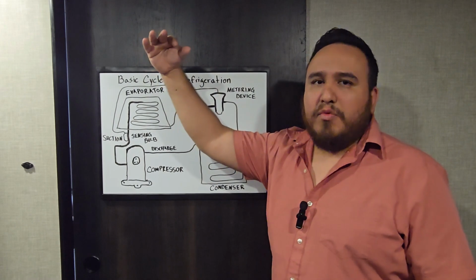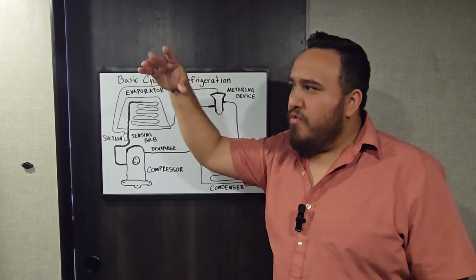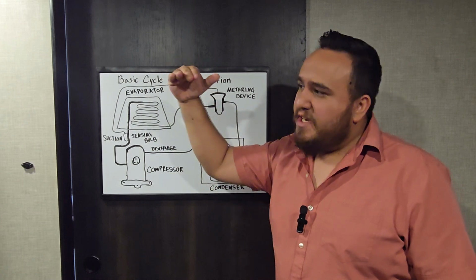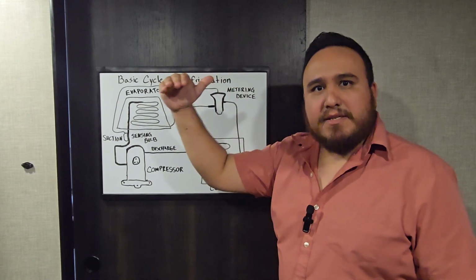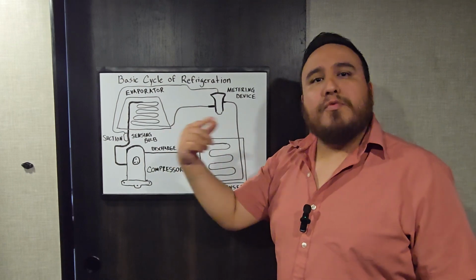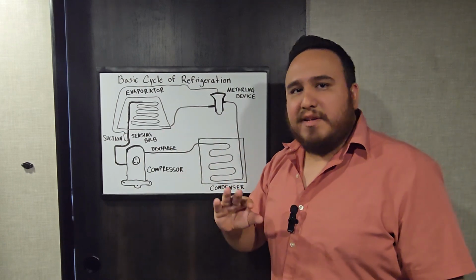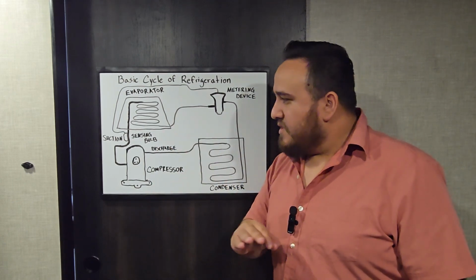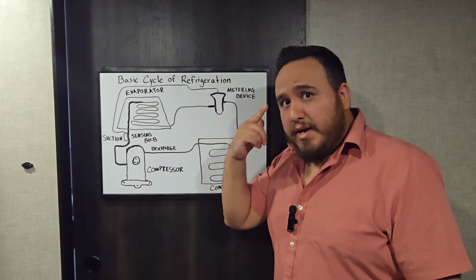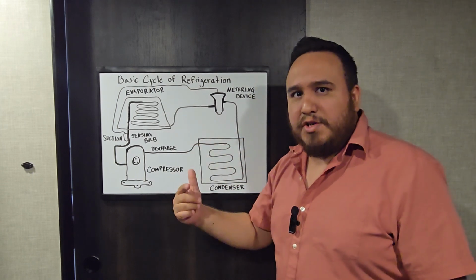But then what happens to the water when it starts to cool down? The water starts to cool down and it goes, once again, through a change of state from a gas to a liquid. Your refrigerant works the same way. In here, think of it as water, but now it's your refrigerant.